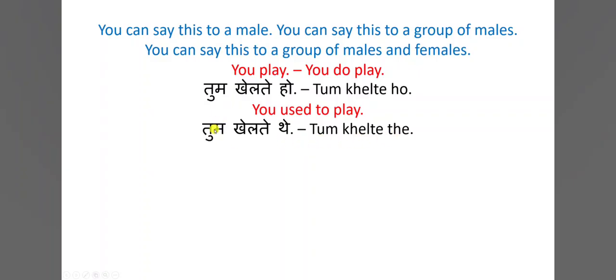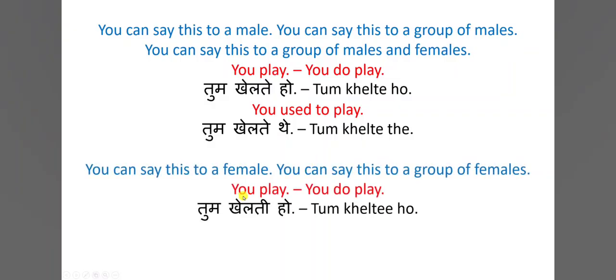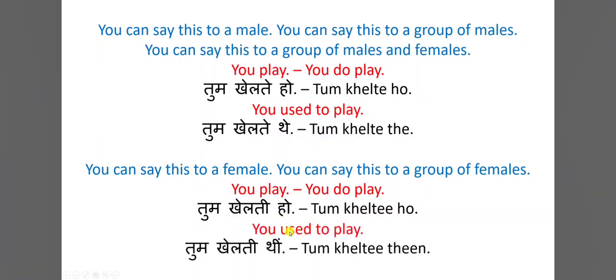Here तुम is by default plural and so we have selected the थे based on these conditions. Okay? You play is तुम खेलती हो. You used to play is तुम खेलती थीं. Okay?